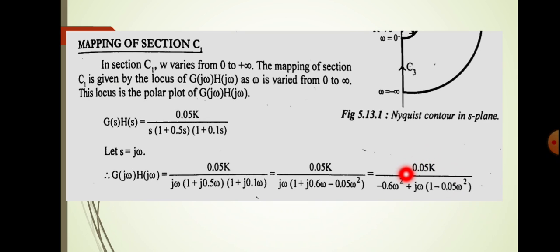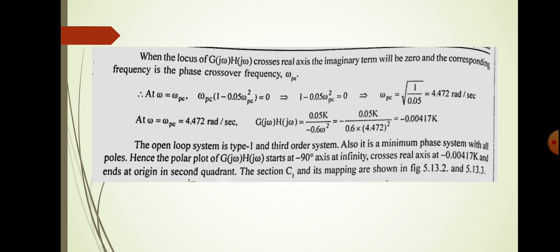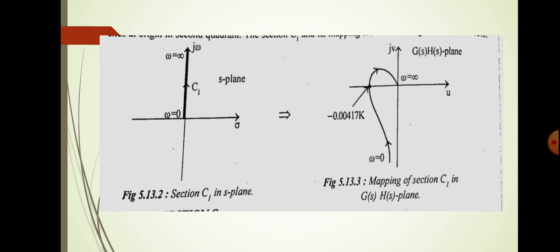From those values we will get different points, and from the knowledge of those points we can draw the Nyquist contour in the G of s and H of s plane like this. It is very difficult to plot the Nyquist plot by taking different omega points, and it is a lengthy procedure.